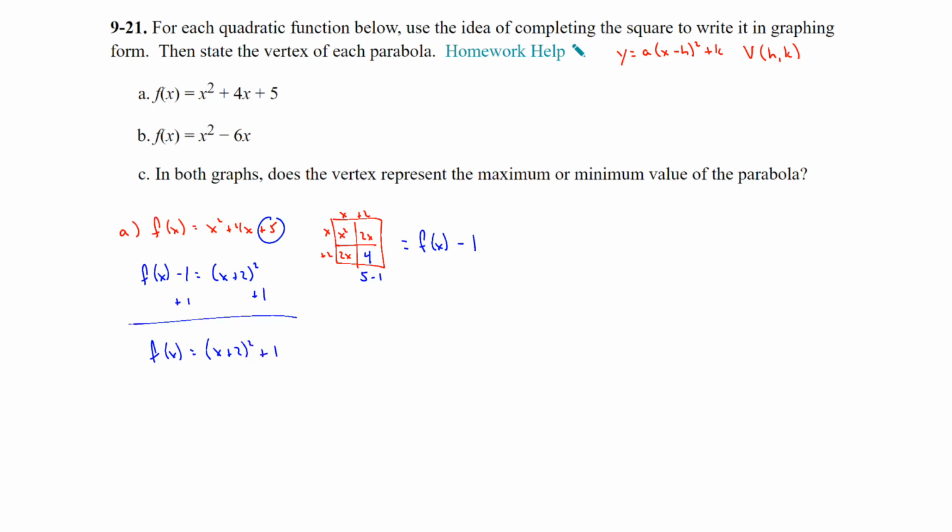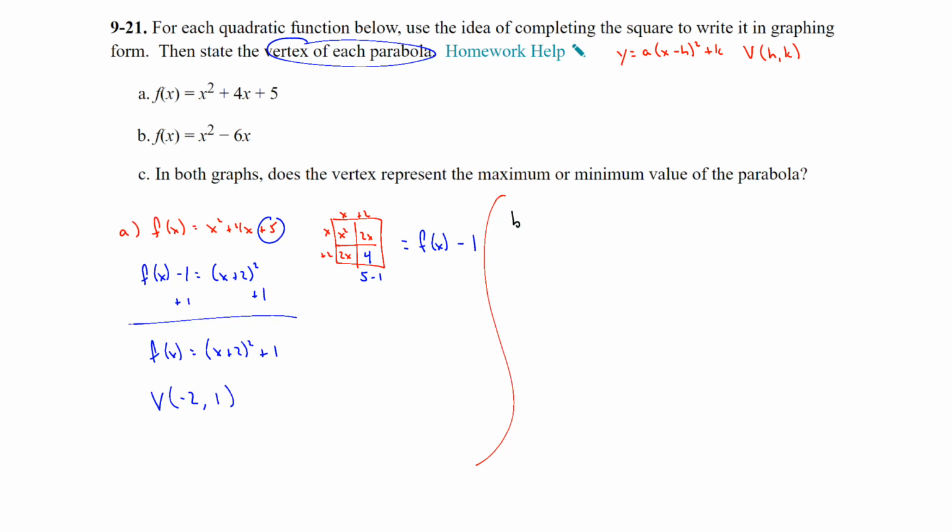And so that's the form that we need, and then it wants us to state the vertex of the parabola. So the vertex, if you see x plus 2, that's negative 2, and then the plus 1 is just plus 1. So your vertex is at negative 2, 1.